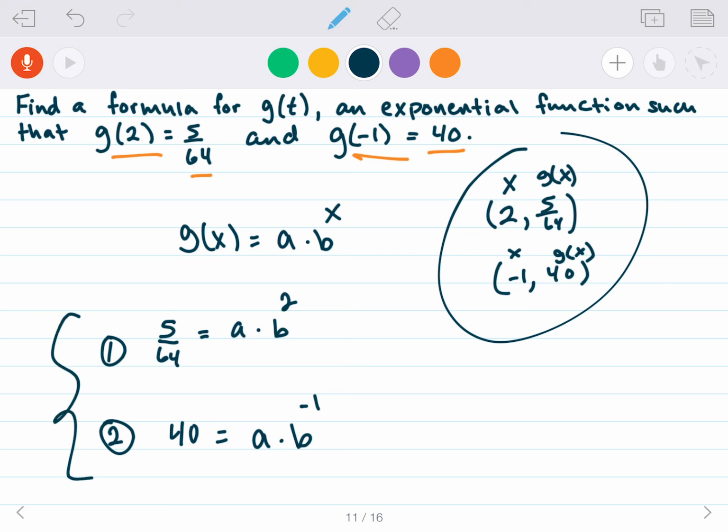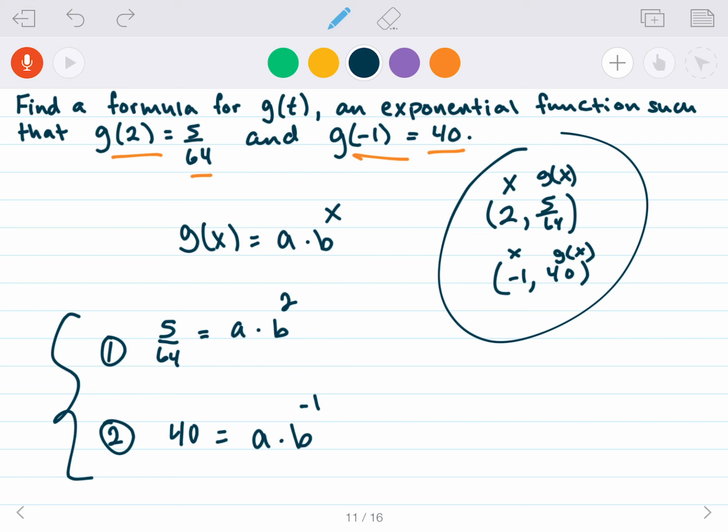When you talked about this in intermediate algebra, we talked about systems of equations. Basically, we can isolate a variable and punch it into the other equation to solve for the variable. So right here, what I notice I can do is get a by itself, because the idea is that you want only one variable in an equation.